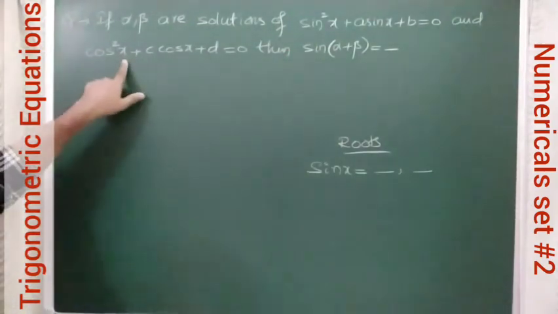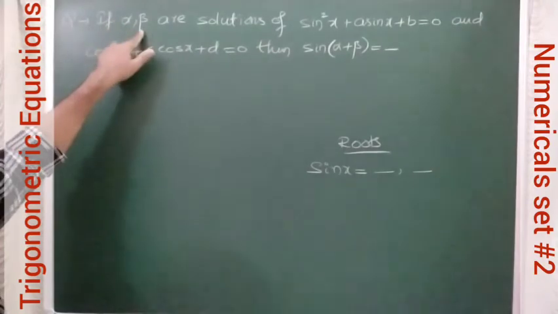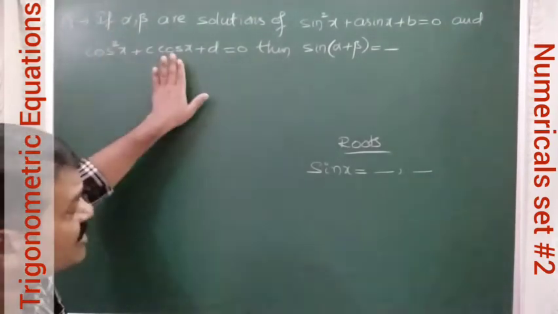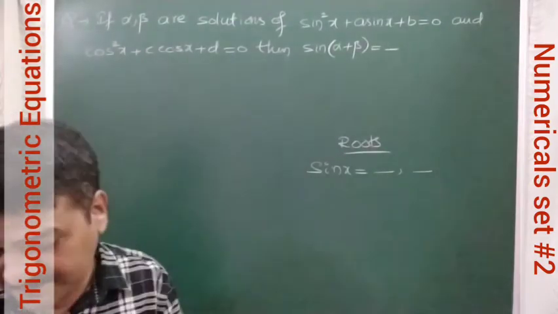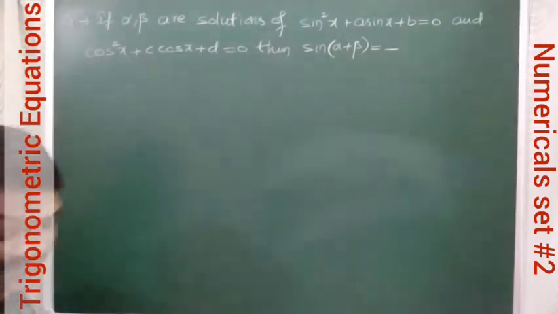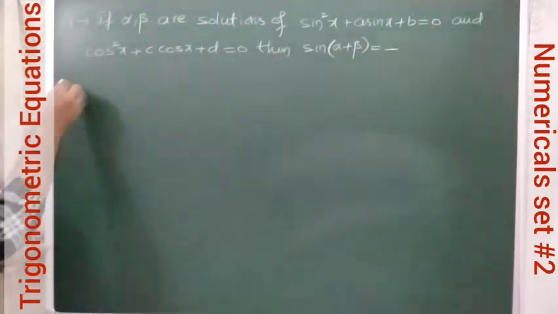Similarly, this is an equation in terms of cos x. Since alpha, beta are the solutions, cos alpha, cos beta will be the roots of this equation. That is the concept we have to understand here. So let us move on with the solution now.